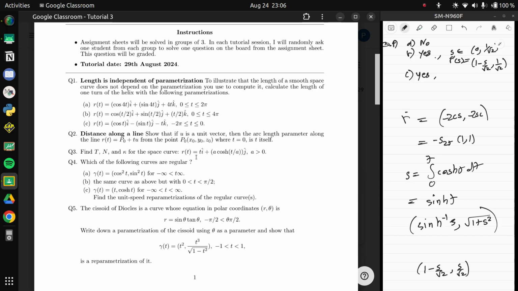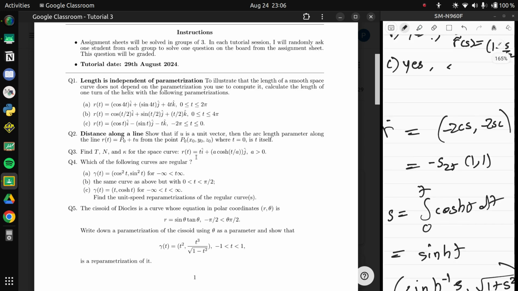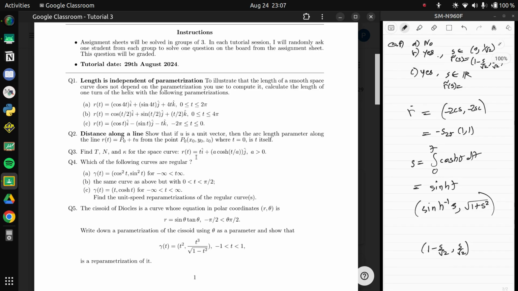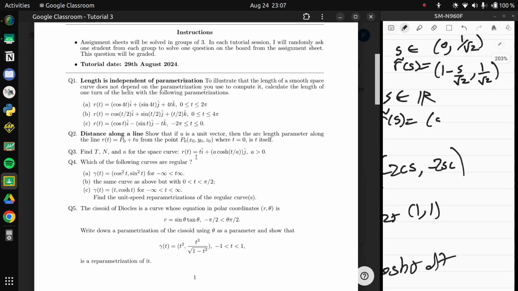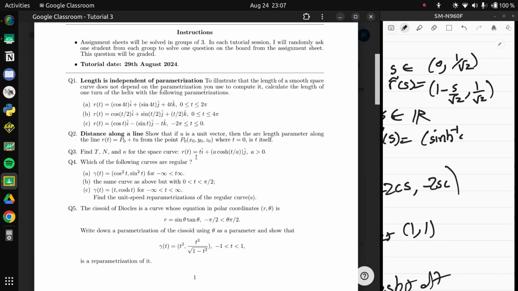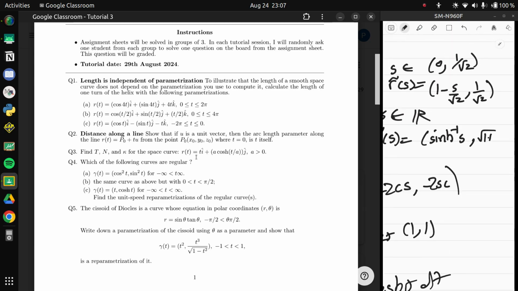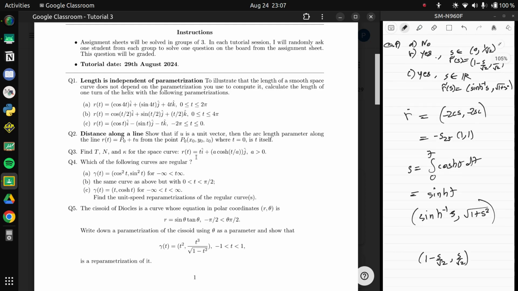At positive infinity, it's once again exploding to infinity. So s is going from negative infinity to infinity. It's all real numbers, and so r tilde of s is this thing. I do not want to solve for sinh inverse. I have done that in the past. It's not fun.